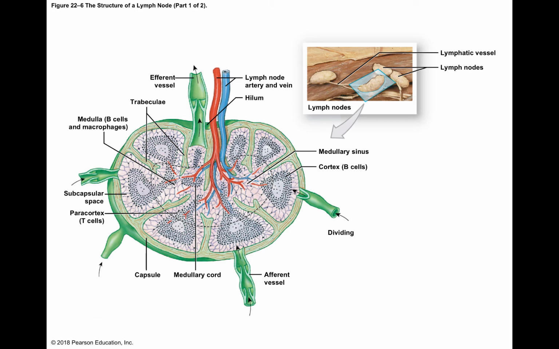So 4 afferent lymphatic vessels coming in and 1 going out. 4 highways coming in, 1 highway going out. All that fluid is going to get caught up inside the lymph node, so that the lymphocytes in there have time to react and clean up that fluid.